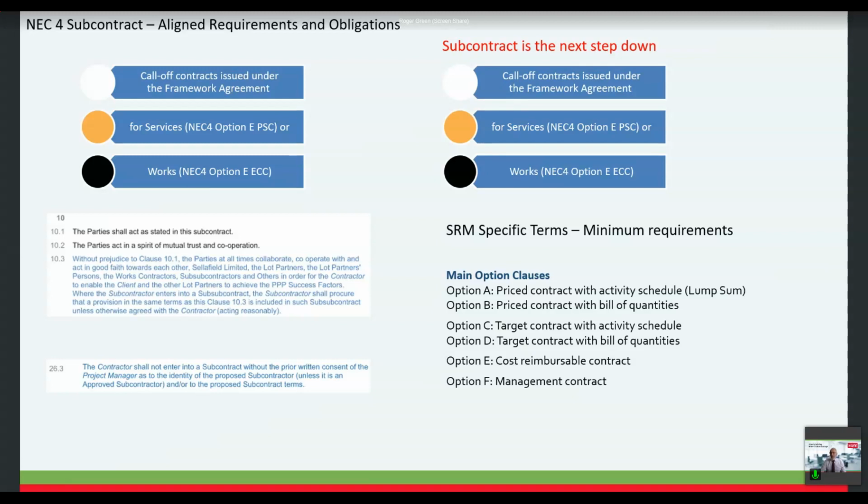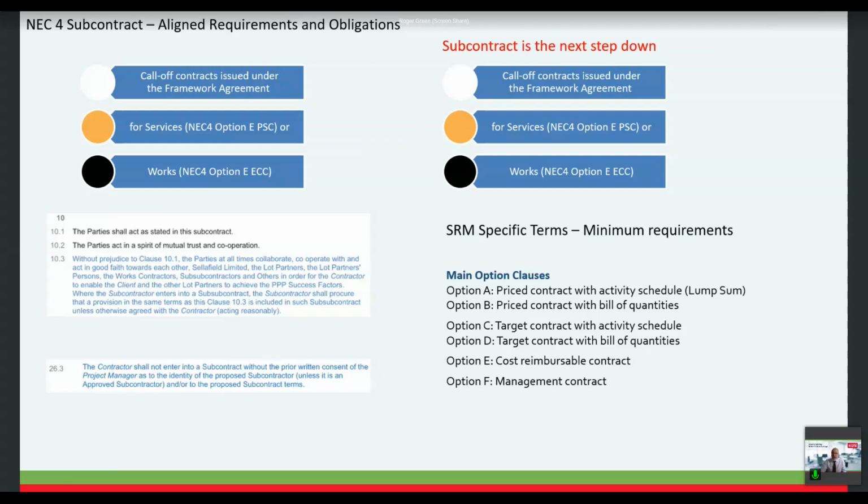We've then talked about how this is all aligned, and actually part of the framework includes a subcontract framework that's been put together. So again, you'll be pleased to know that any conditions that you're under as a supply chain partner are exactly the same as the conditions that we're under.